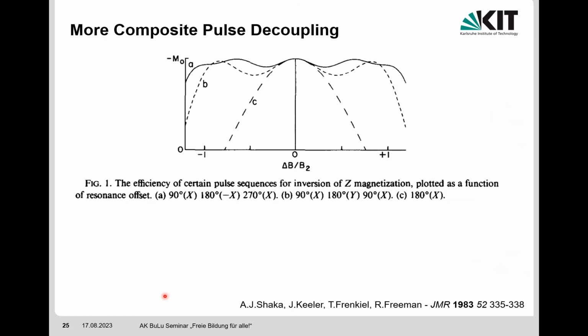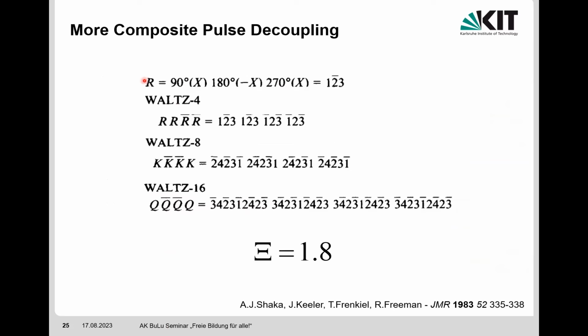So more composite pulses were developed. Here, an example is a 90-degree X, 180 minus X, and 270-degree X pulse. And this formed the basis for the so-called WALTZ decoupling that you also may know.